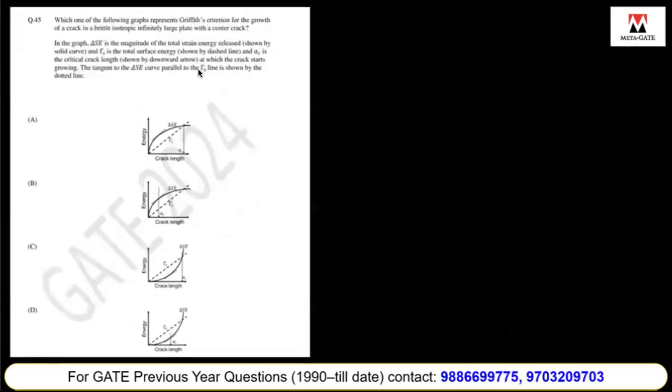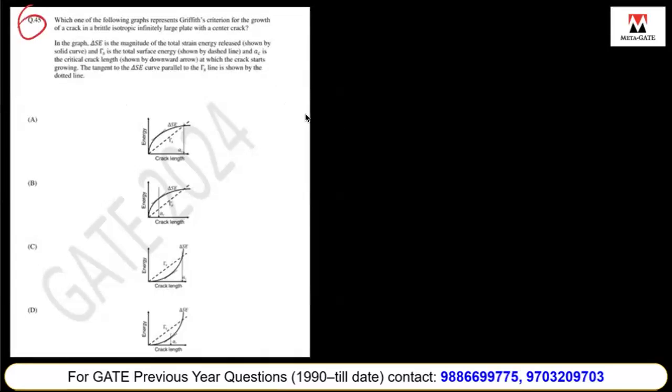Which one of the following graphs represents the Griffith criterion for the growth of a crack in a brittle isotropic infinitely large flat plate with a center crack? This is a very good question conceptually. Even many of them will make mistakes in these types of questions.